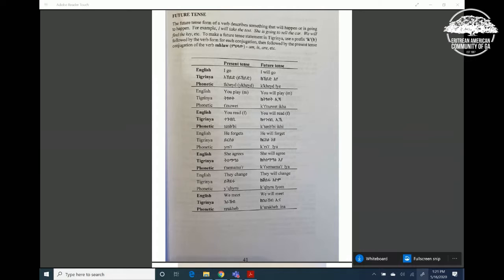So you have to be able to conjugate all the verbs that we studied today. To go, to play, to read, to forget, to agree, to change, to meet.